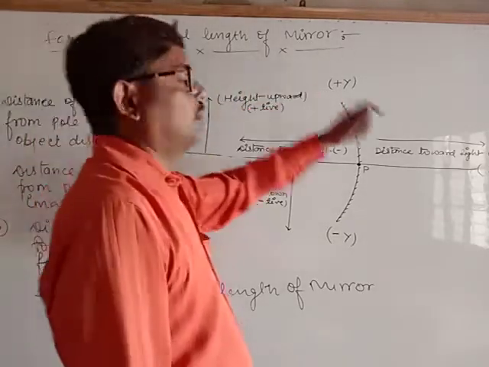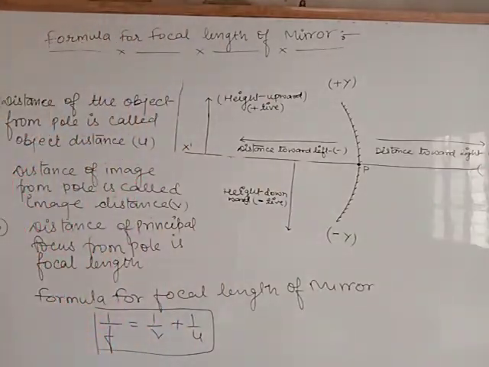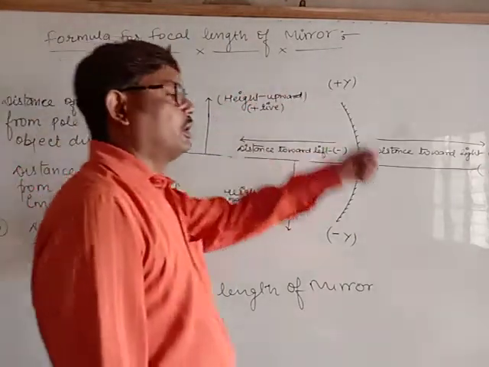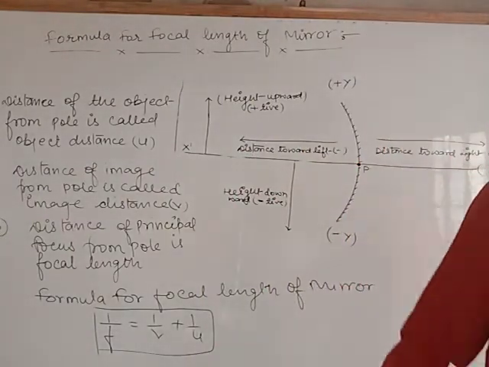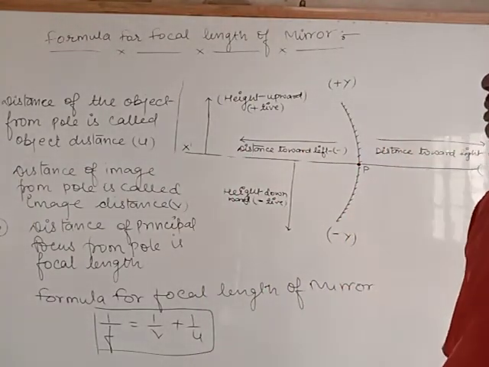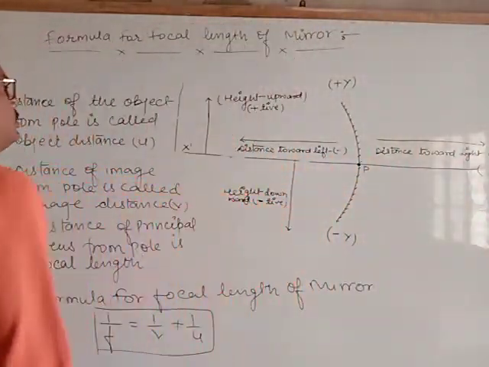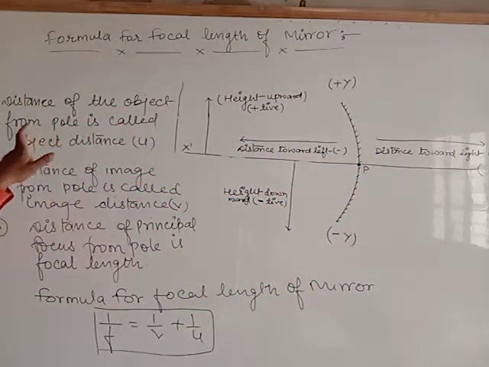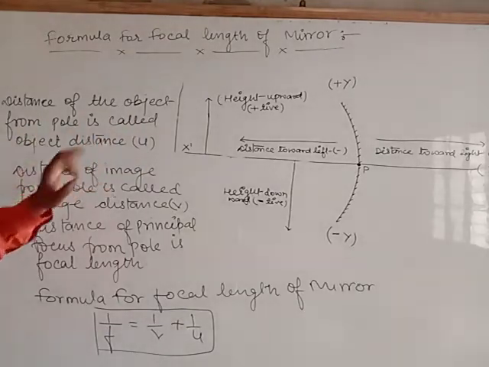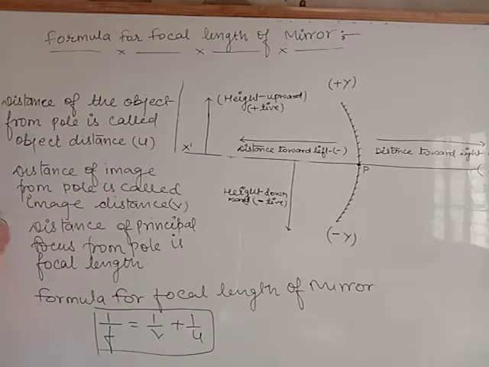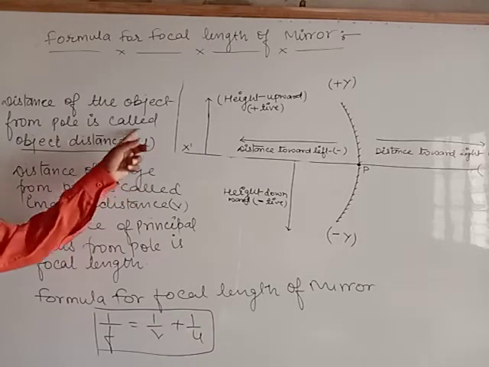Formula for the focal length of a mirror. To find the formula, there are three quantities. First, the distance of the object from the pole is called the object distance, represented by u.